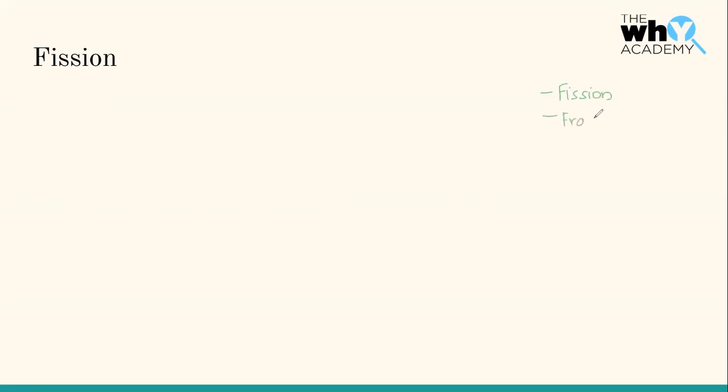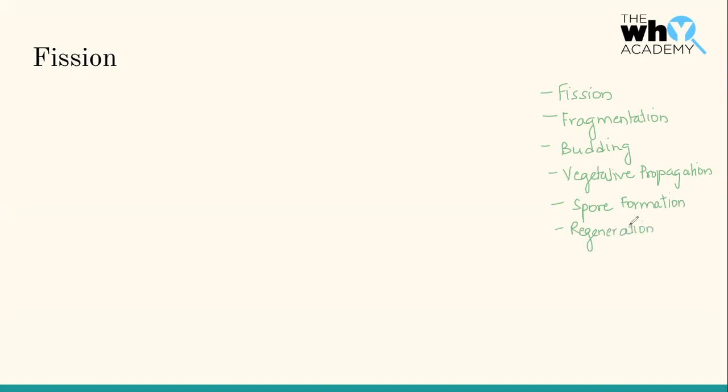Fragmentation, budding, vegetative propagation, spore formation, and one more missing. Regeneration. Yes, correct. Good, good. So you all are up to date with the chapter. That's good. Yeah, so these are the 6 types which are there for you to study right now, right?